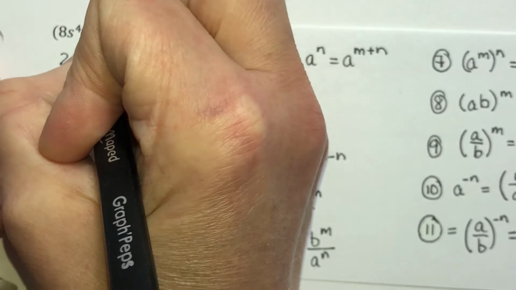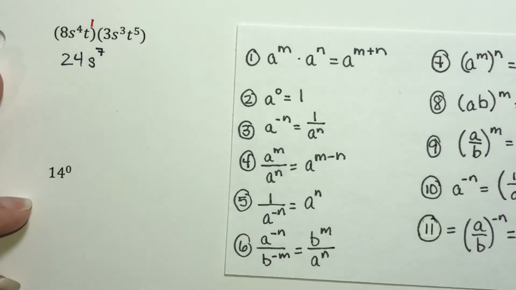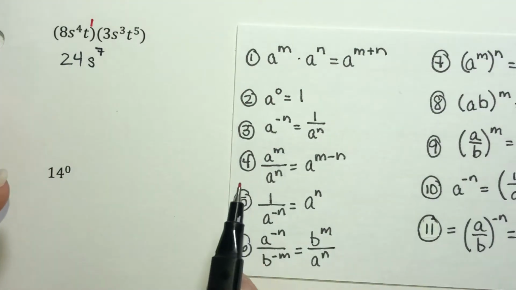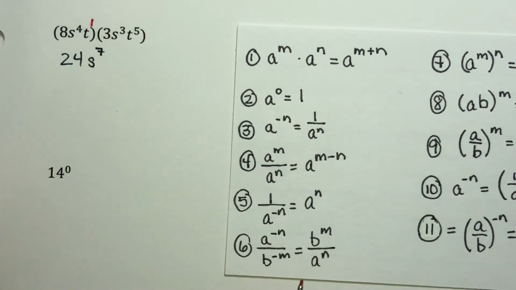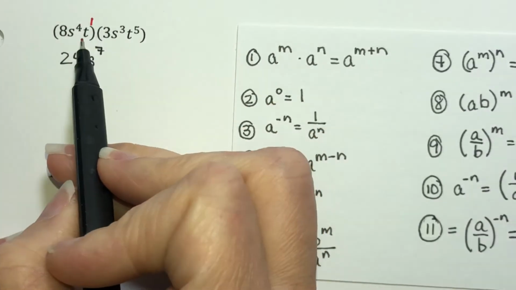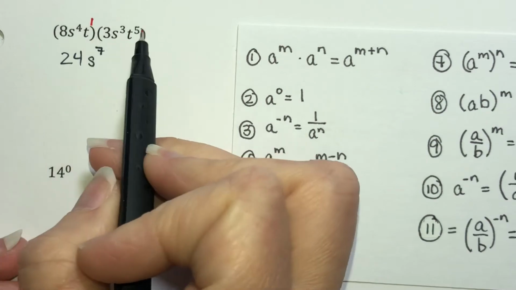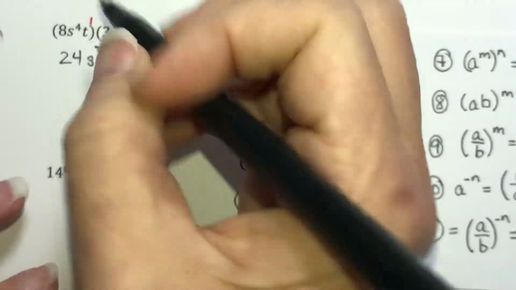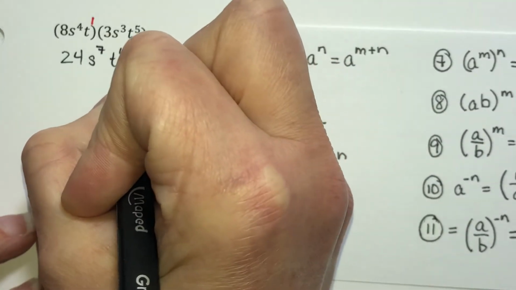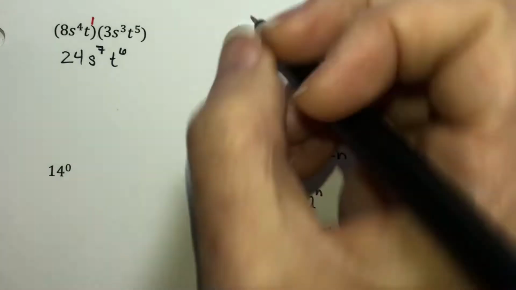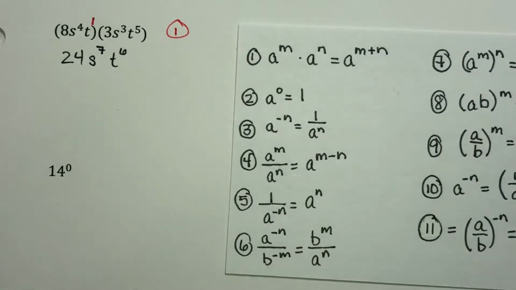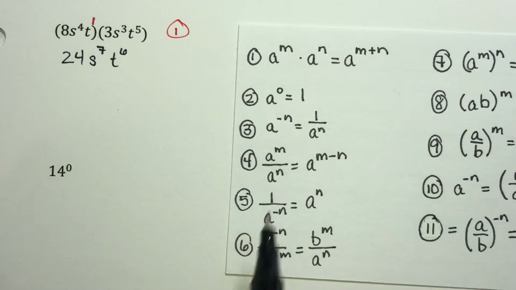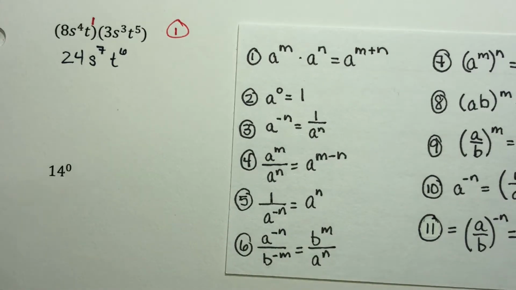That's t to the 1st power. If it doesn't have an exponent on it, it's an understood 1st power. So I am adding t to the 1st, so 1 plus 5, I get t to the 6th power. And I was using property 1 through all of that. Because it was all multiplication, I could rearrange things however I needed to.